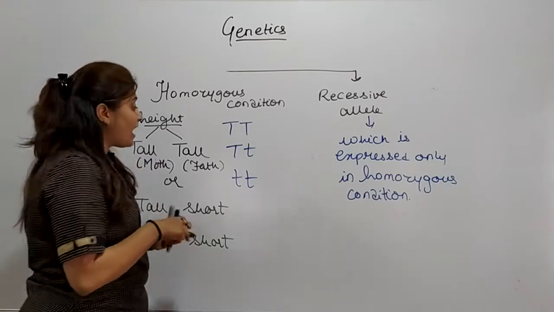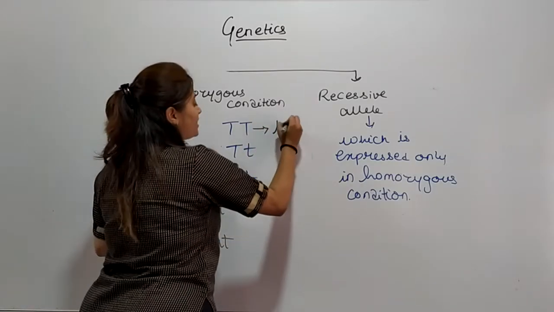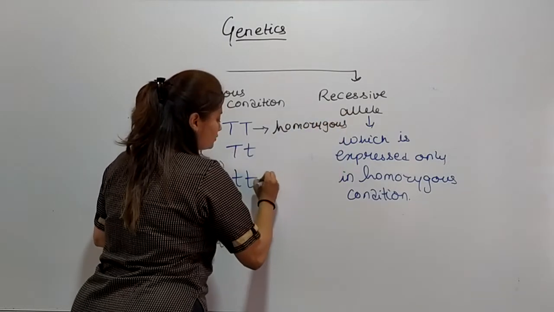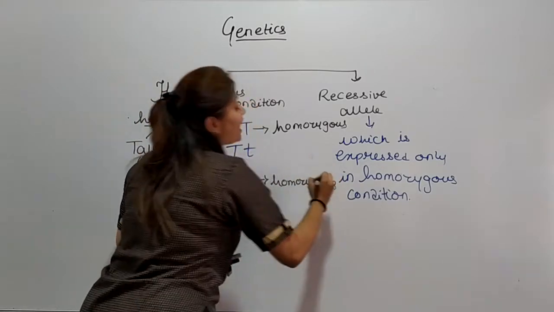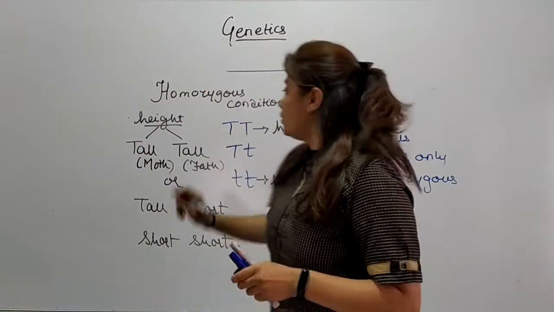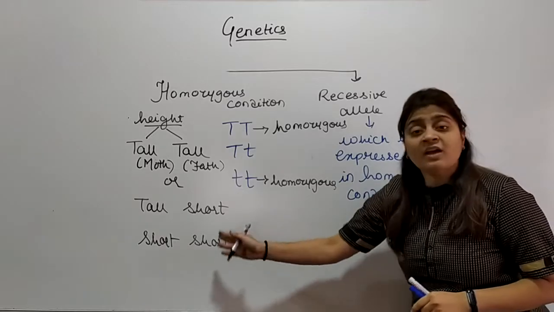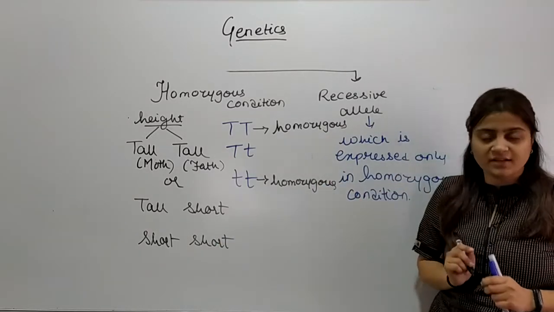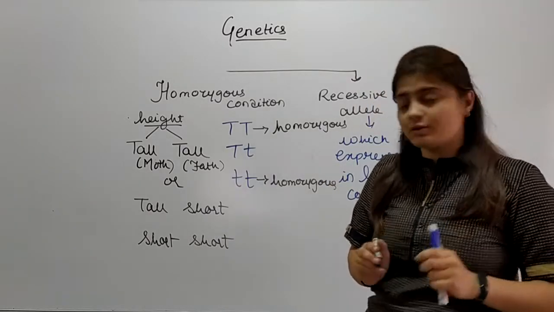If you have similar alleles, this is known as homozygous condition. That means you are having similar alleles on the homologous chromosomes. For height, I have both the alleles of tall height, or I have both the alleles of short height. So this is known as homozygous condition.